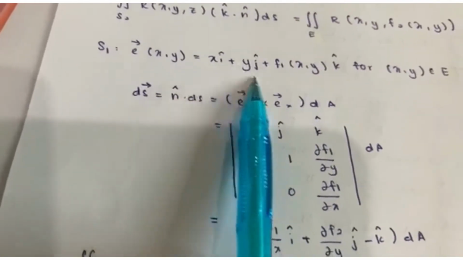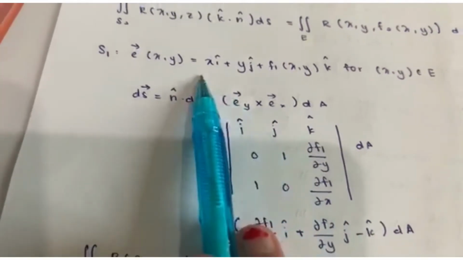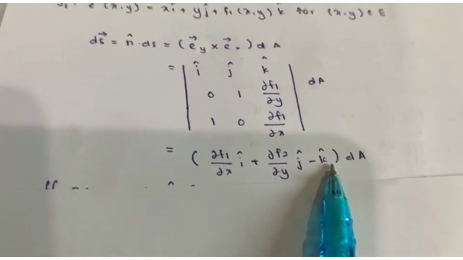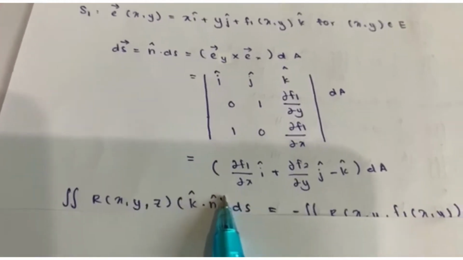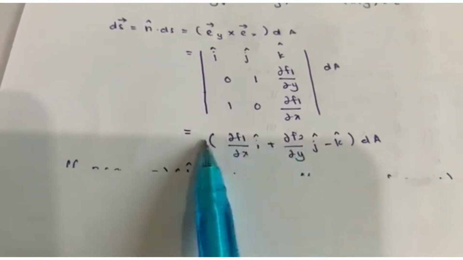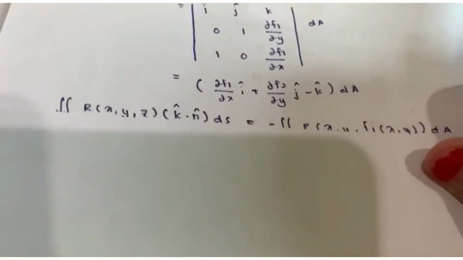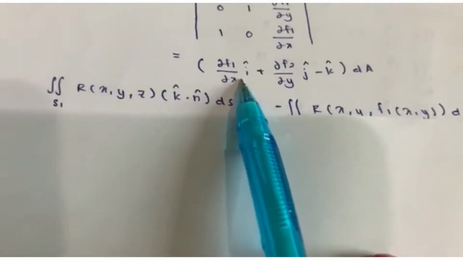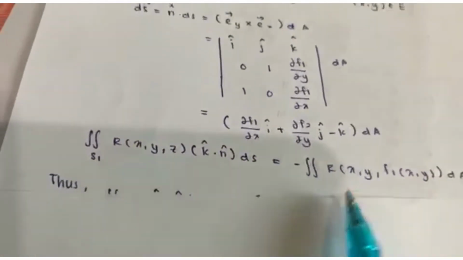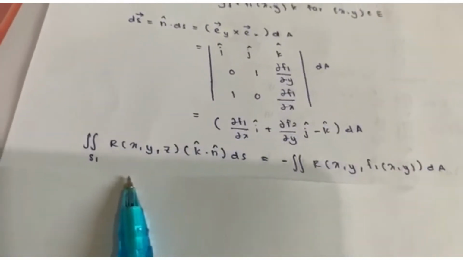We differentiate with respect to y first and then x, dA, and then we get this. But here also we only want the k, so this doesn't matter. We don't need to know the del f1 and del f2 over del y. And then we substitute the equation.